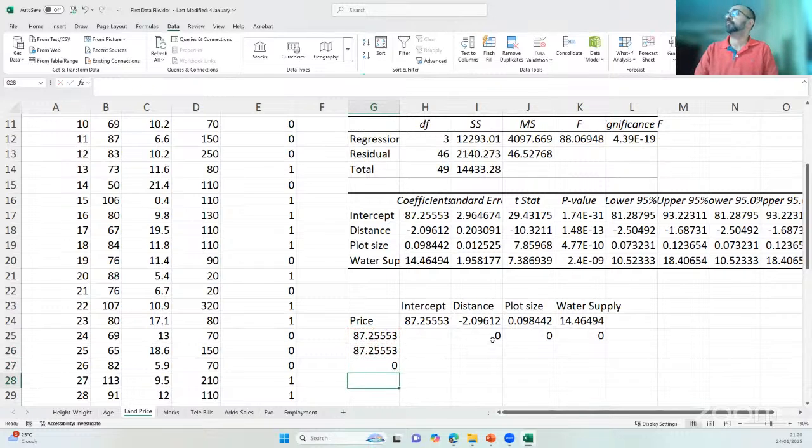So if I put distance as 1, you can see the new price is lessened by this amount. Okay. And it should be the other way, the reduction.